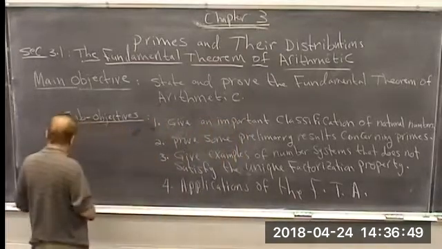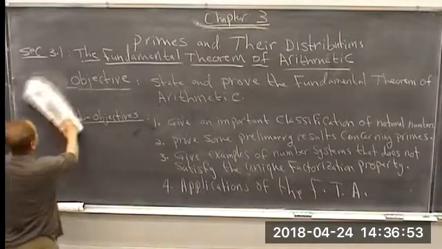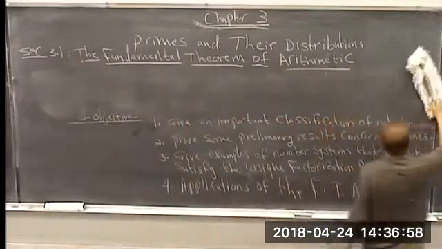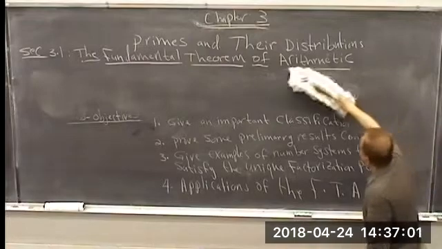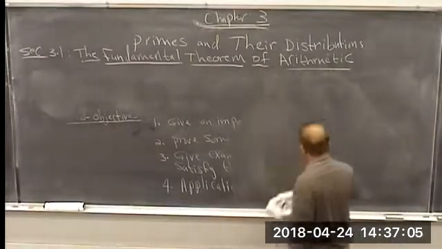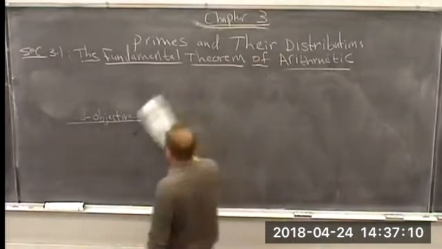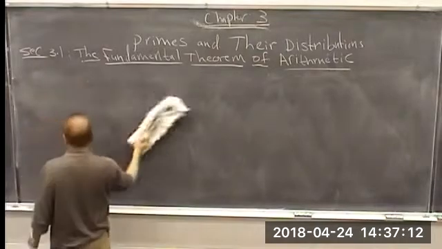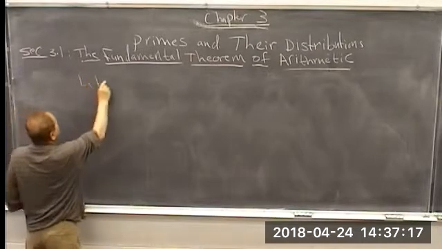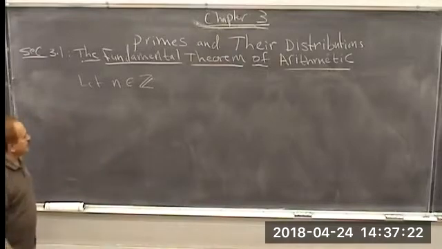So let's get started by preparing the way to define what we mean by a prime number. Let's assume that n is a natural number. Sorry, actually it's an integer, it doesn't have to be a natural number. So let n be an integer: positive, negative, or 0.